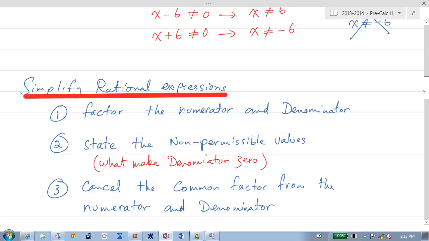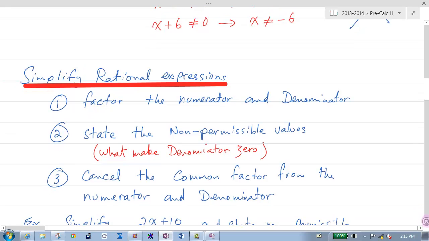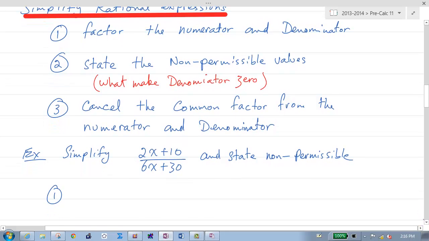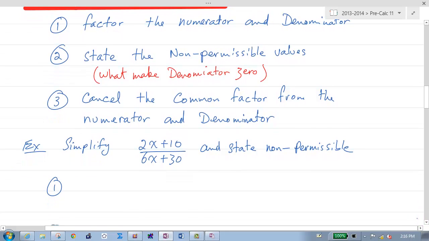And then cancel the common factors from the numerator and the denominator. So, first, you state the non-permissibles, then do some cancellations to simplify. Okay? So now we're going to use this 3-step process to simplify some rational expressions.